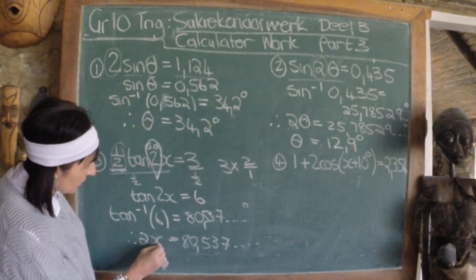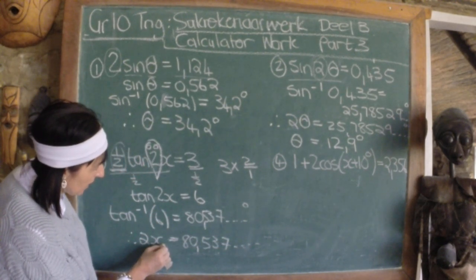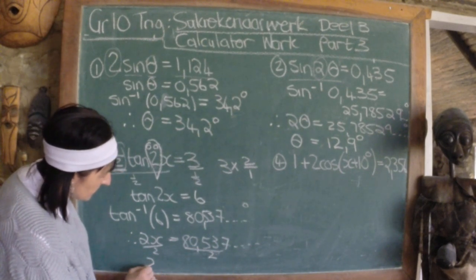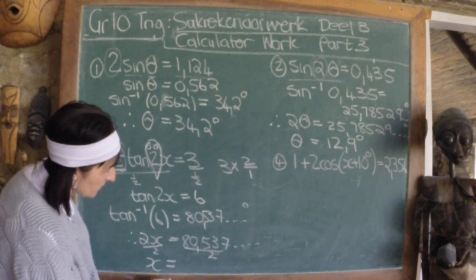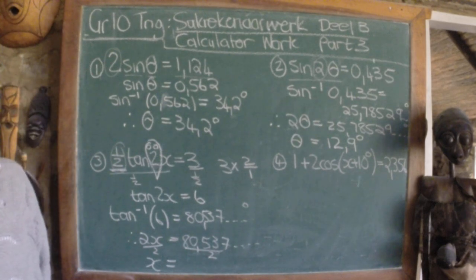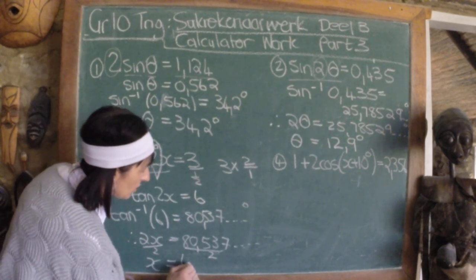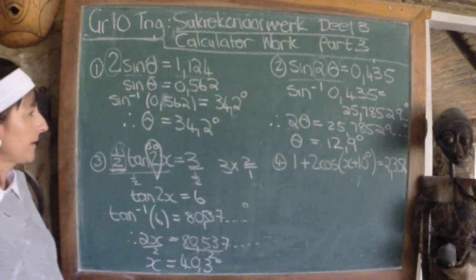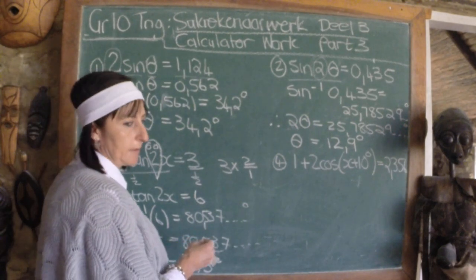So I'm going to divide with 2 on both sides, and if I do that, I can round to 1 decimal place to get the answer as 40,3 degrees.